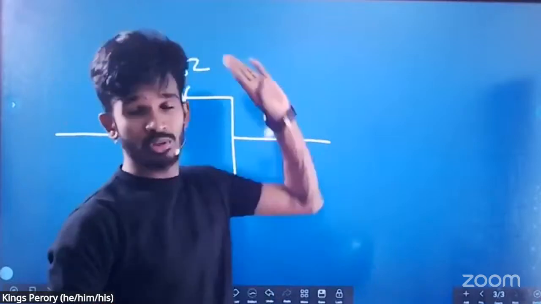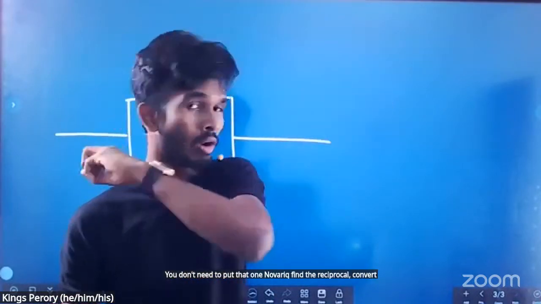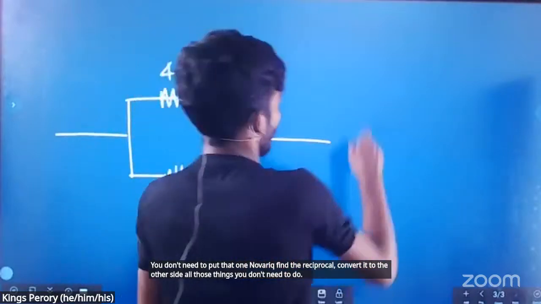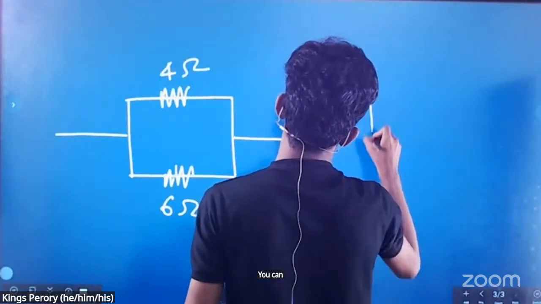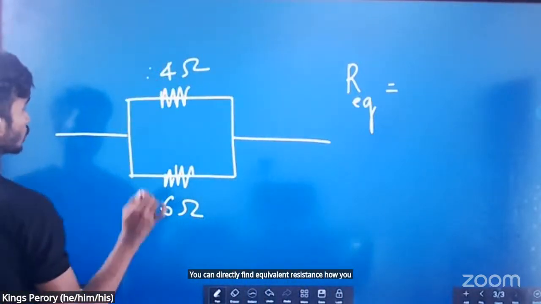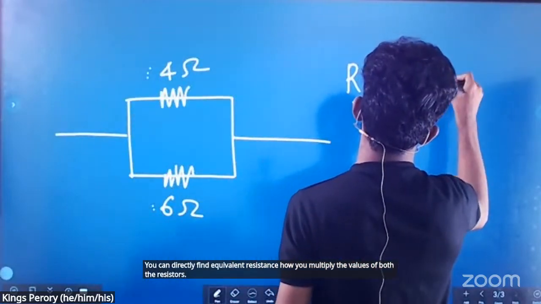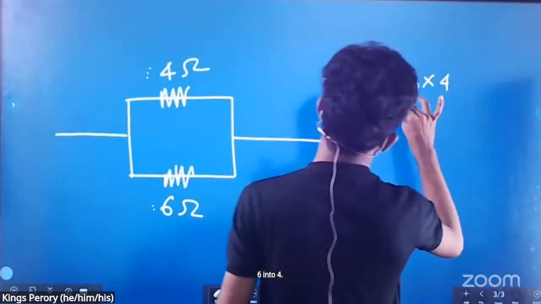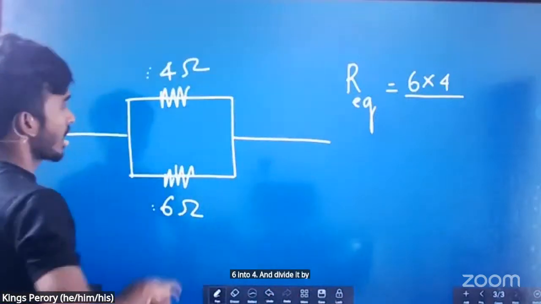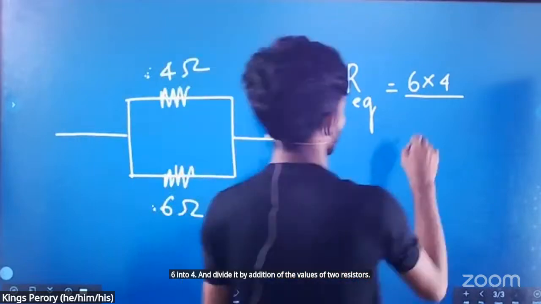You don't need to put 1 over R, find the reciprocal, convert it to the other side. All those things you don't need to do. You can directly find equivalent resistance. How? You multiply the values of both the resistors, 6 into 4, and divide it by the addition of the values of the two resistors, 6 plus 4.